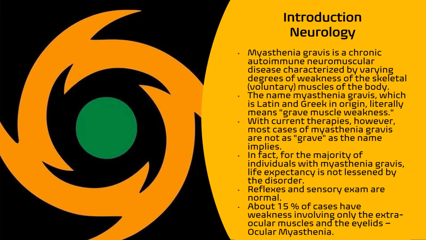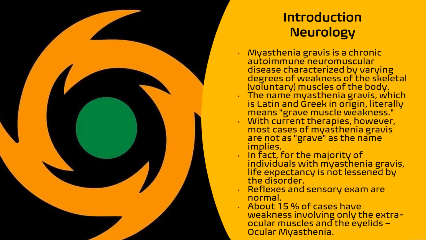And the name myasthenia gravis is Latin, which literally means grave muscle weakness. And with current therapies, or at least therapies that have been documented, most cases of myasthenia gravis are not as grave as the name implies.